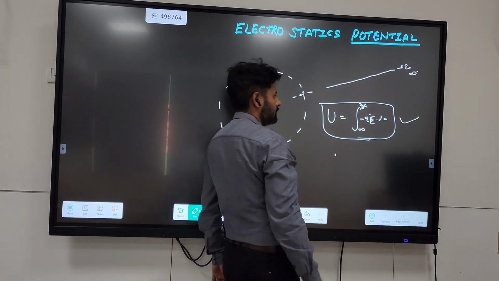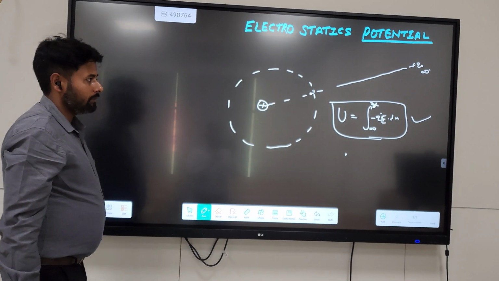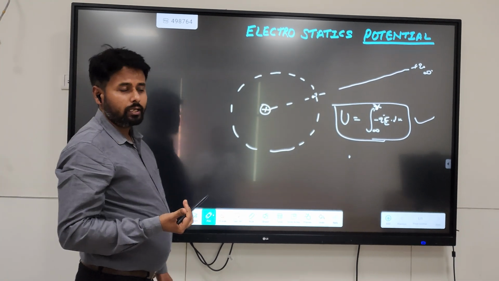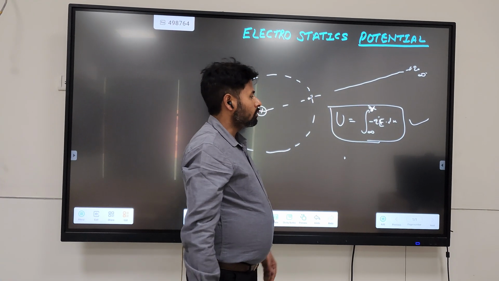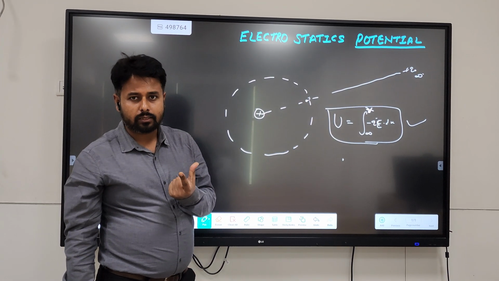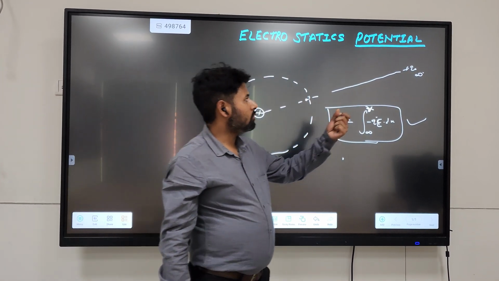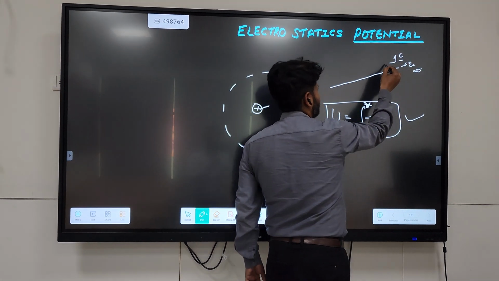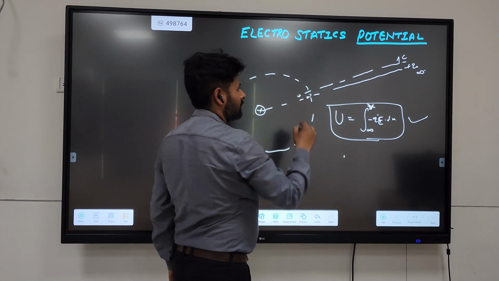And if I'm talking about the electric potential only, what is the electric potential? The work done to bring a unit charge, that is 1 coulomb of charge, from infinity to a given point is called the electric potential.